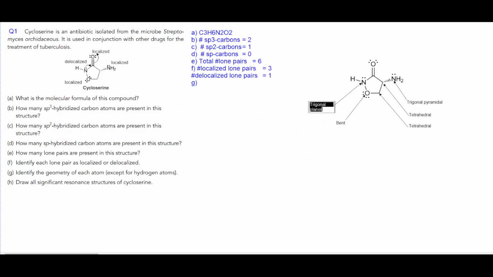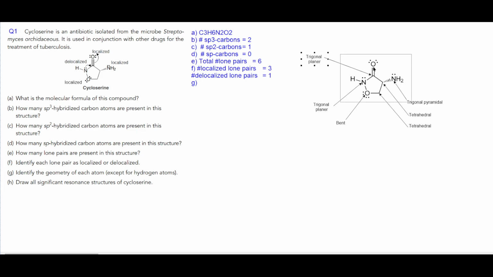This particular carbon is sp2 hybridized, so it will also have a trigonal planar geometry. An sp2 hybridized carbon will always have trigonal planar geometry.